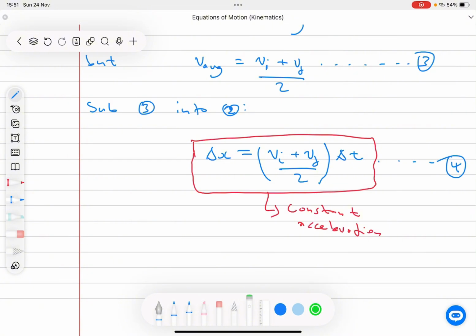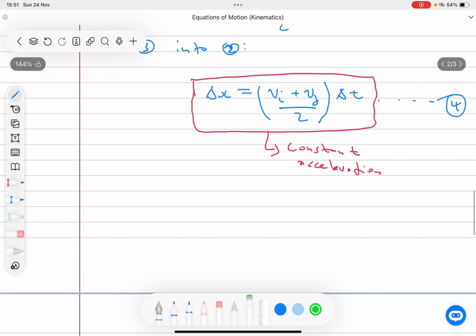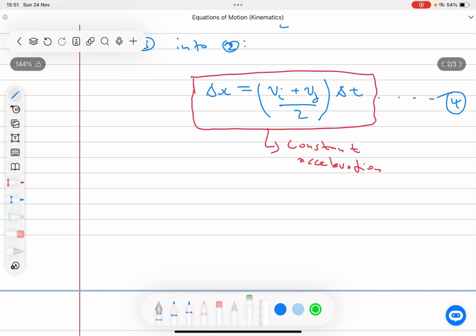If we combine the first two equations of motion that we derived, we can find an alternative formula for the displacement of the object. How do I mean?